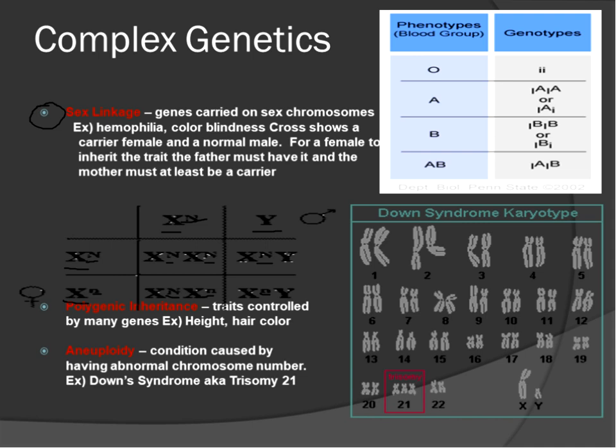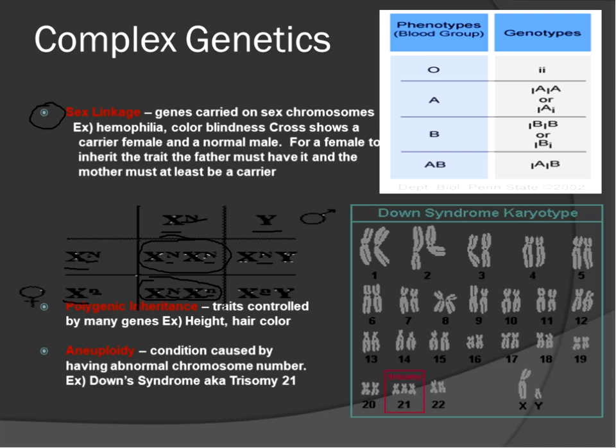The main thing you need to know with sex-linked traits: step one, you put down the male, XY, and female, XX, on either end. Then you fill out the X's, whether it's homozygous or heterozygous. Big N, little n would be heterozygous.